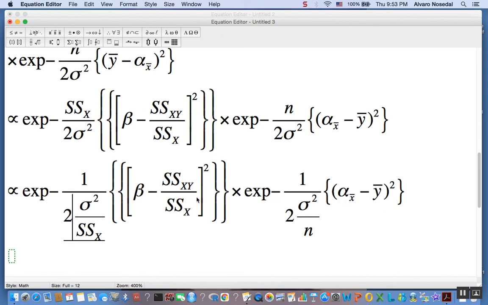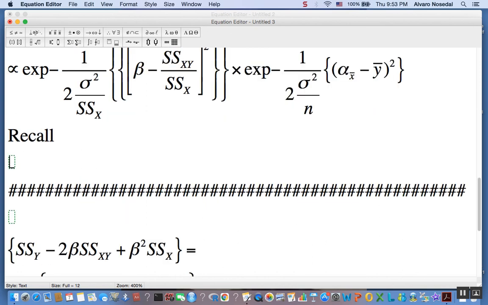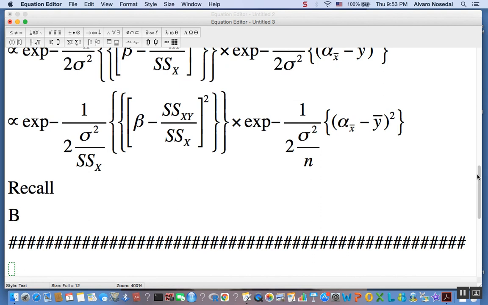And note also that it turns out that B, this guy here, this is what we had for B, right? Recall when we talked about the least squares estimators for beta and alpha. Recall that B could be written like this, right?